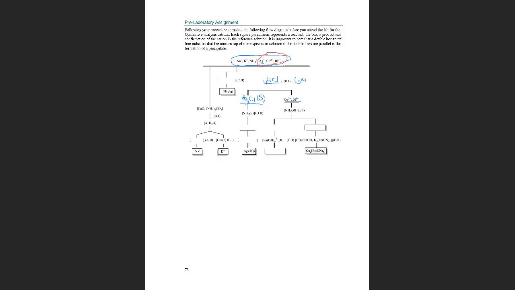And then what do you do to make sure that you have silver? We said that we are going to do a confirmation test. So we add ammonia, and we said that when we add ammonia, the precipitate dissolves, right? Sorry, it's hard to write with the mouse.